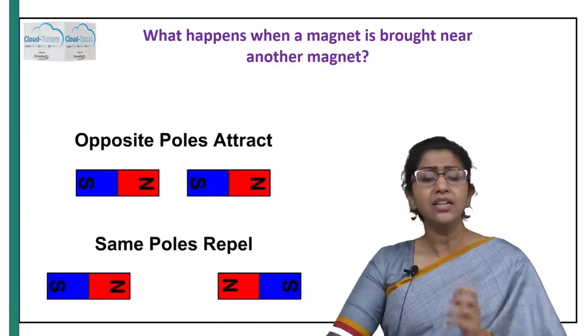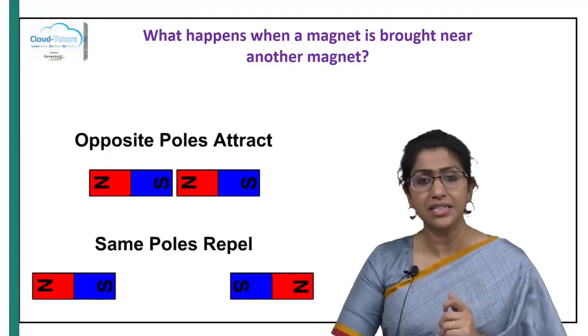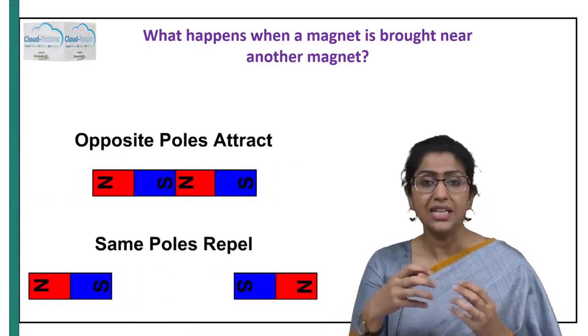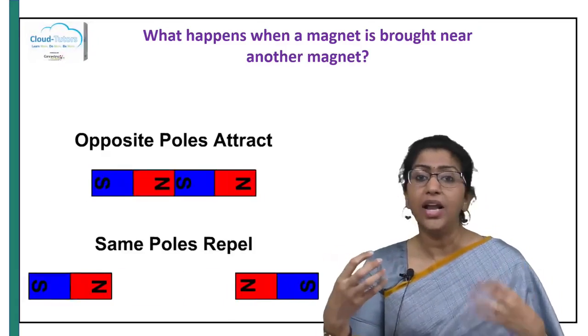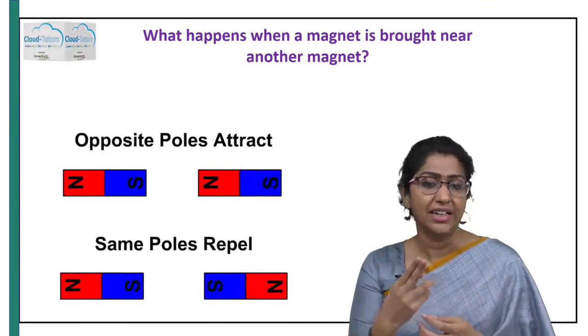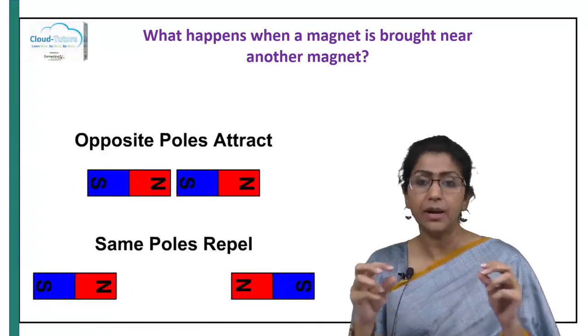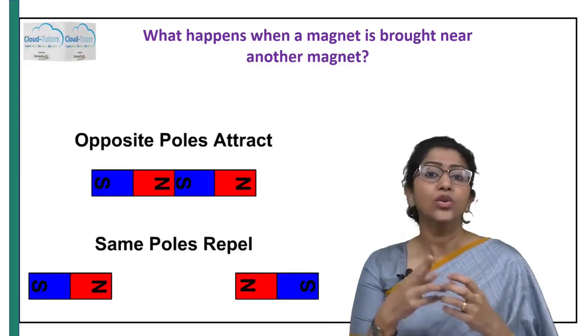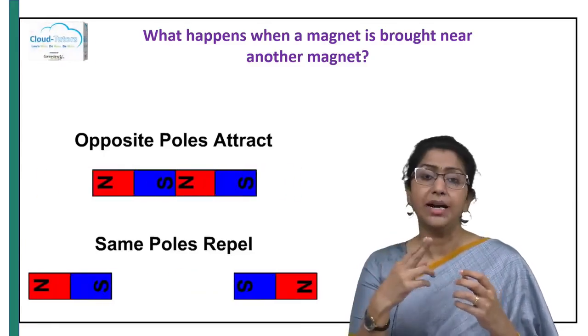All right. Another important thing that we have to understand here is every kind of magnet has two poles, that is north pole and south pole. So you may have a question like, what if I cut it in between? I cut the entire piece of magnet, what we call a bar magnet, into two equal parts.